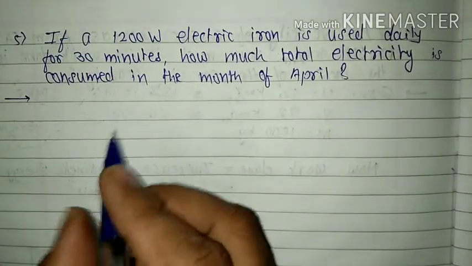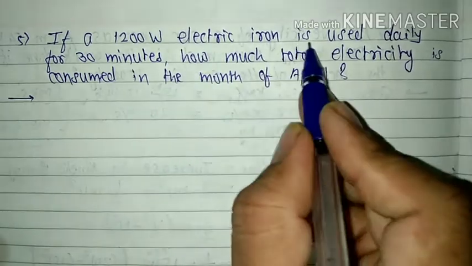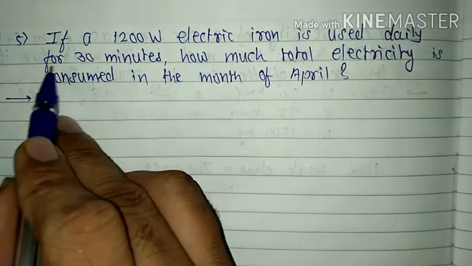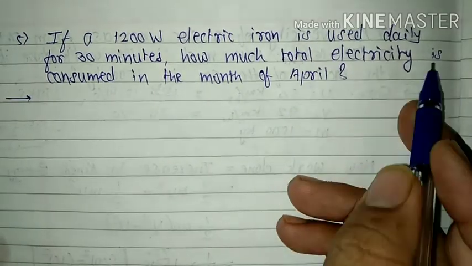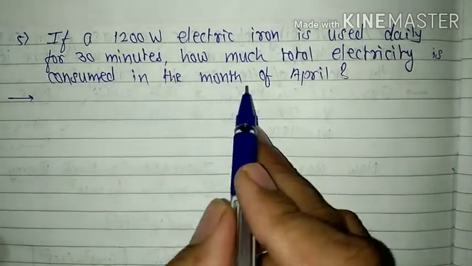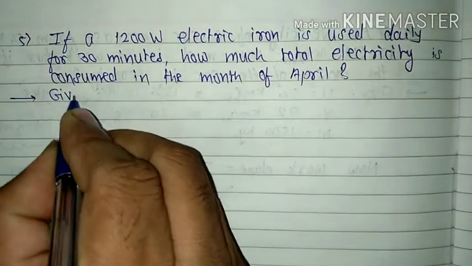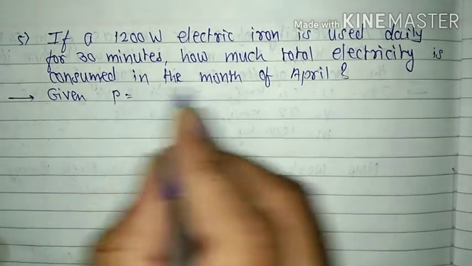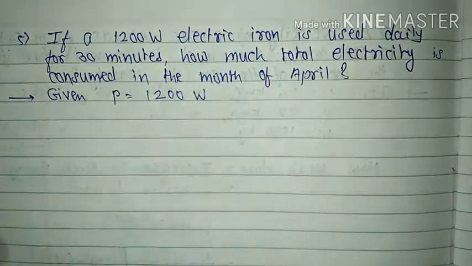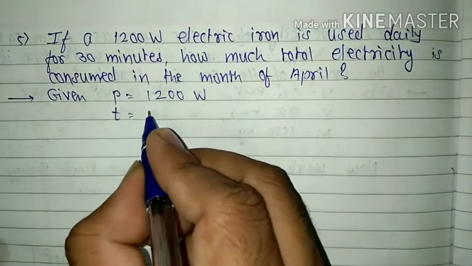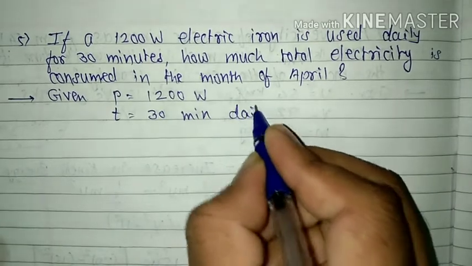Okay, see the next sum. If a 1200 watt electric iron is used daily for 30 minutes, how much total electricity is consumed in the month of April? So given power of the electric iron is 1200 watt and time is 30 minutes daily.